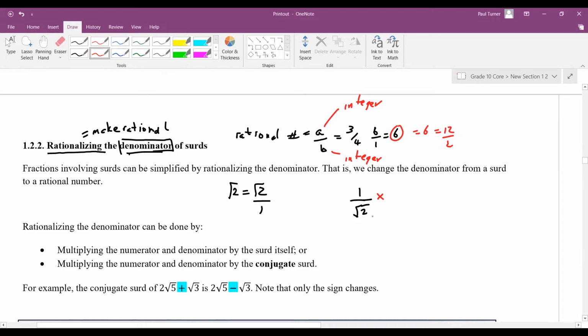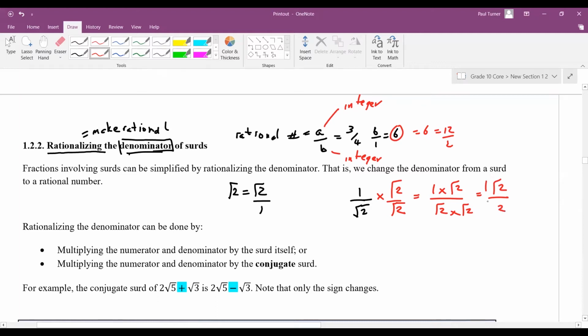So what you do, you multiply this number by itself, top and bottom, root 2 on root 2. Now we have a fraction multiplied by a fraction. So you got 1 times root 2 on root 2 times root 2. 1 times root 2 is root 2. And root 2 times root 2 is root 4, which is 2.